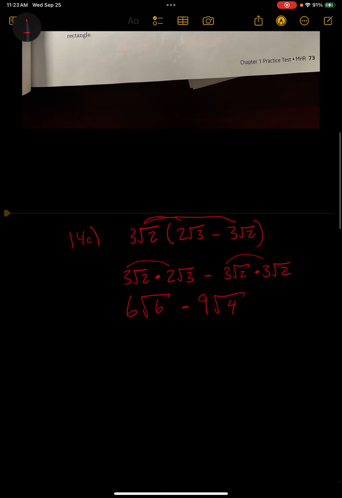Okay, so what are we left with? We're left with 6 root 6 minus 9 times, the root 4 is 2, 6 root 6 minus 9 minus 18. And that's the answer to the first question.